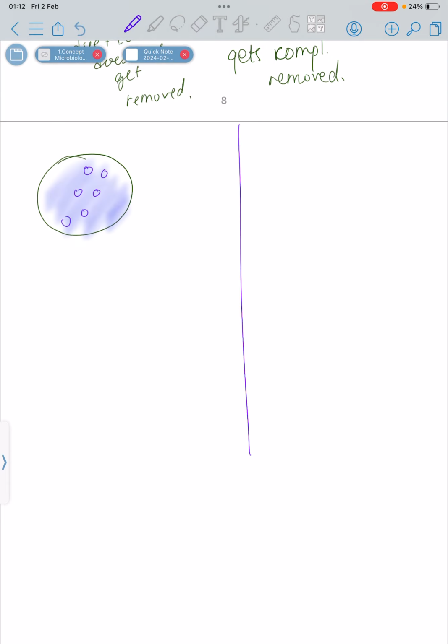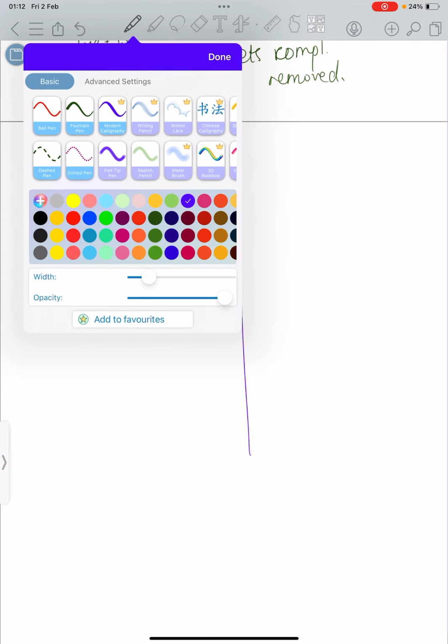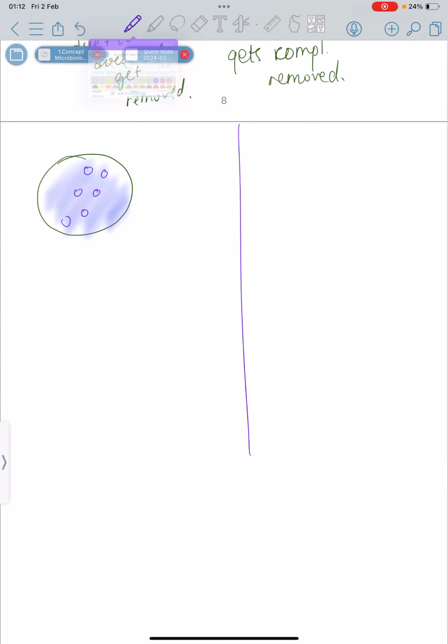But in the case of gram positive, the surrounding structures got decolorized, but the cells, their cell wall, did not get decolorized. These organisms did not get decolorized.